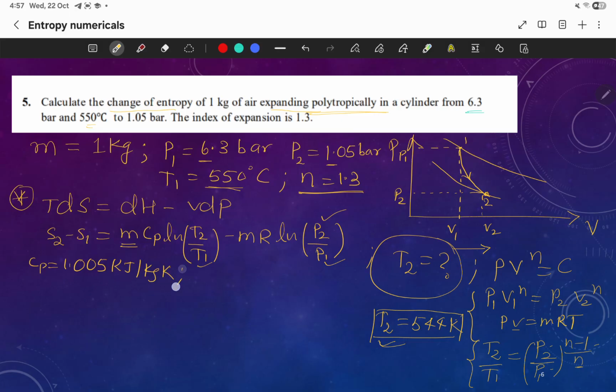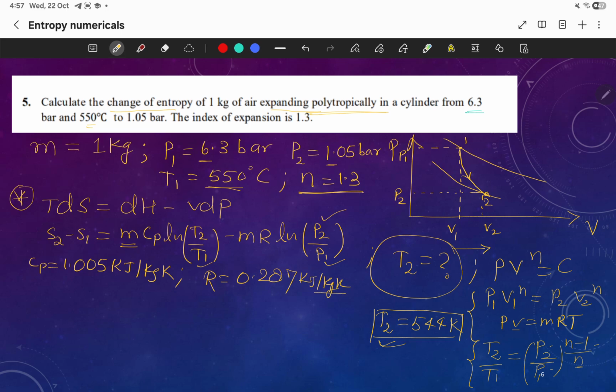Okay, and this R value will be 0.287, right? So this will be 0.287 in kilojoule per kg Kelvin.